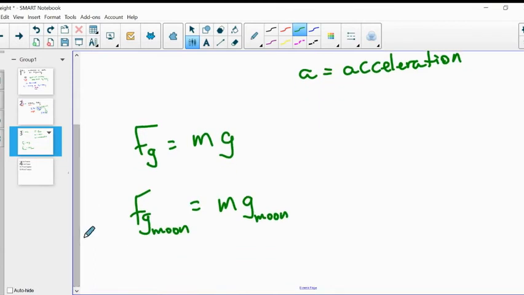Lastly, please note that if we took that object and put it, say, on the moon, it would have a different weight. The mass would still be 300 grams, but it would have a different weight. And so we would say that that is F with a subscript g for gravity, and that has a subscript of moon for the moon.